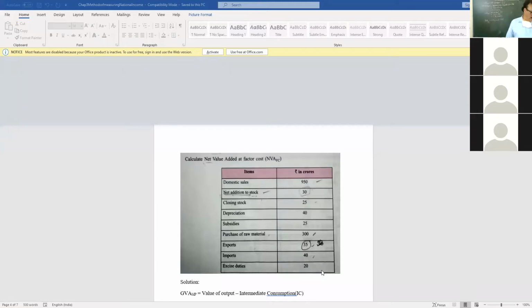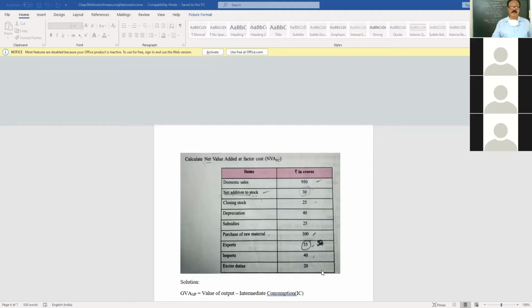So here you get it. Substitute the values now. 715. What is depreciation given here? 40. Okay. What is NIT? NIT is IT minus subsidies. Now what is IT over here?